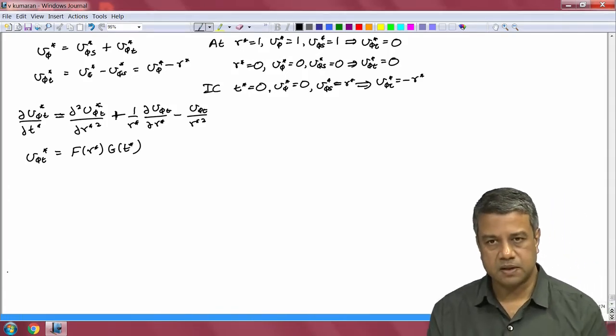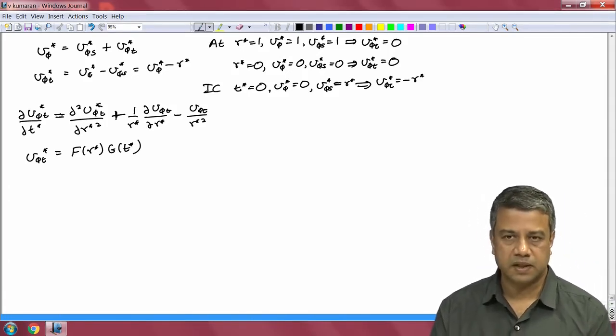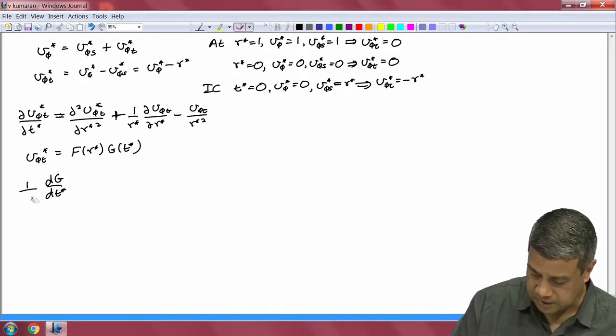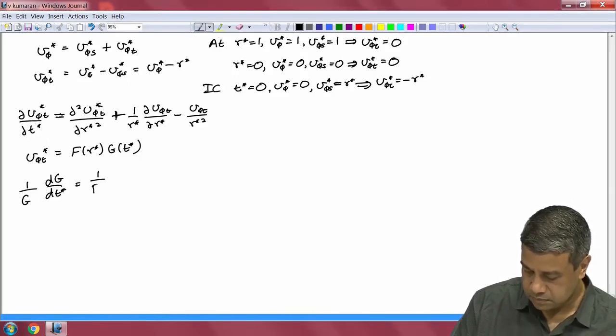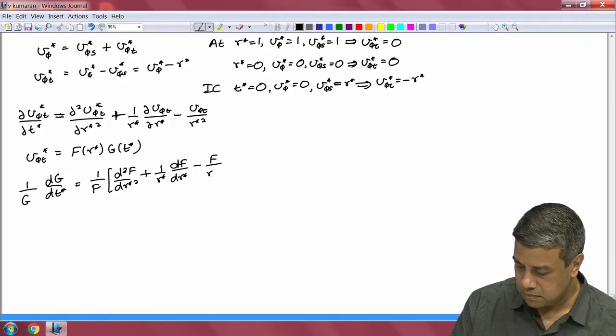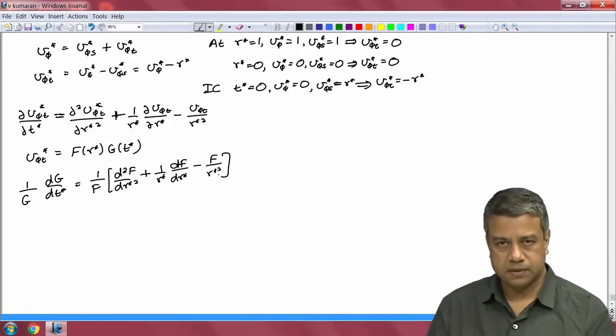Substitute into the equation and divide throughout by f times g, and I will get 1 by g dg by dt, with t star.